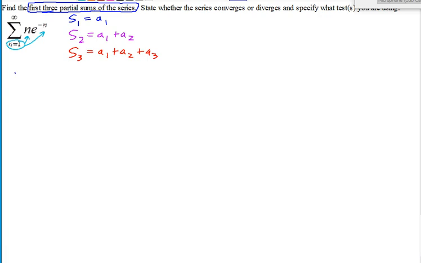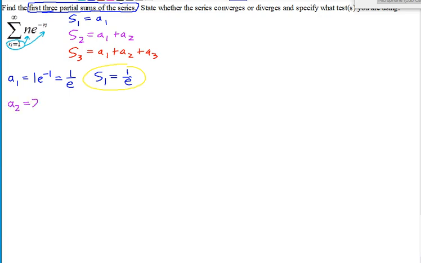So a sub 1 would equal 1 e to the negative 1, which is just 1 over e. So that's what the first term is, and that's what the first partial sum is, just 1 over e. Then, to get the second term, you would substitute in 2.